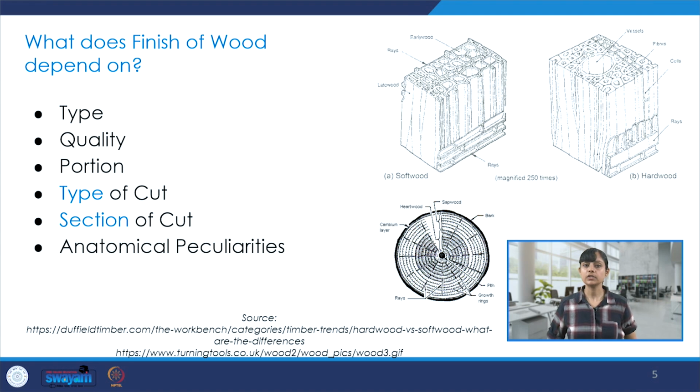And first of all, we try to understand the anatomy of wood.